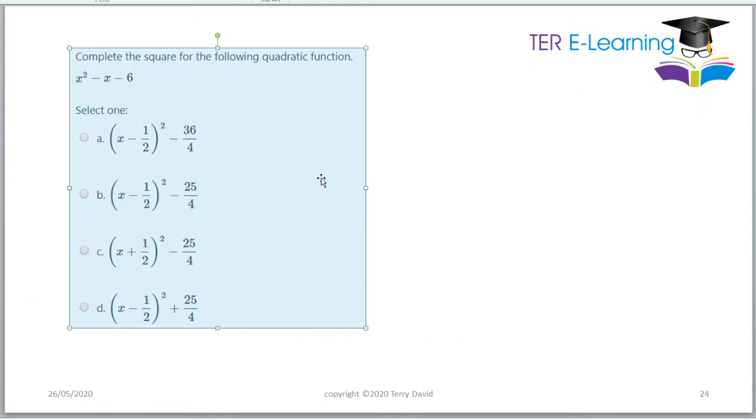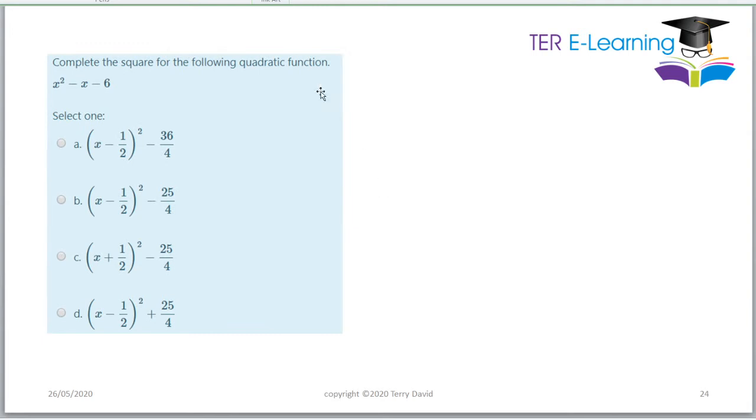All right, so look at this question here. We want to complete the square for the following quadratic, x squared minus x minus 6.